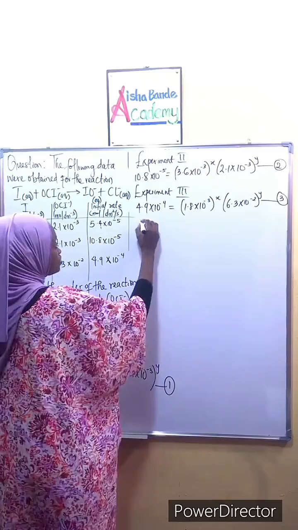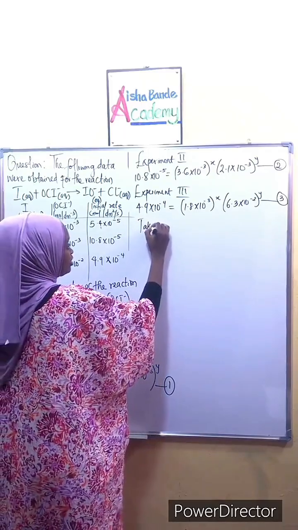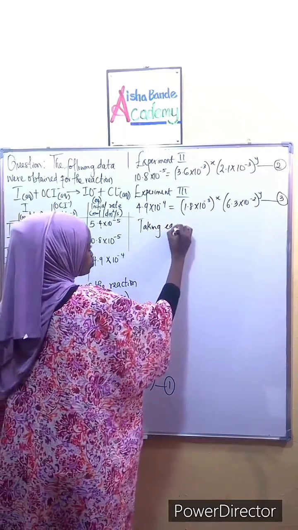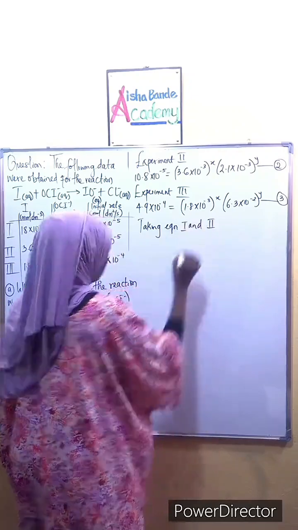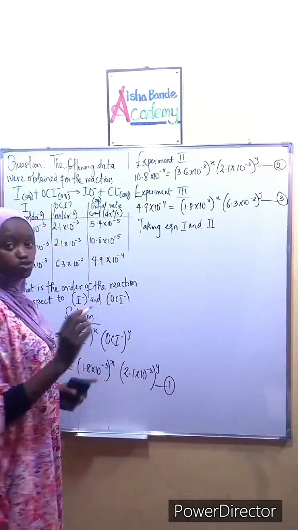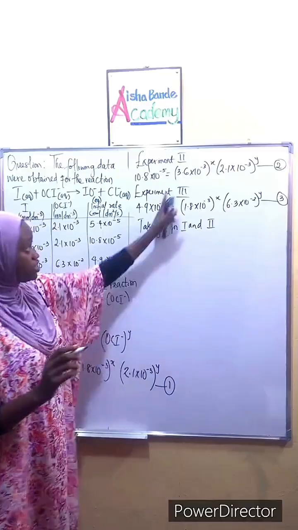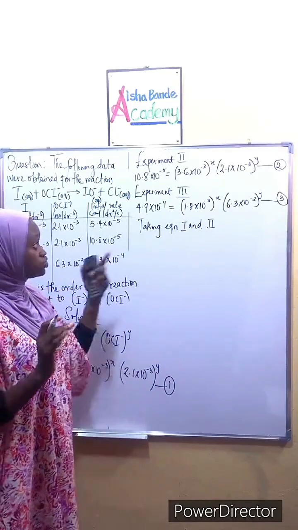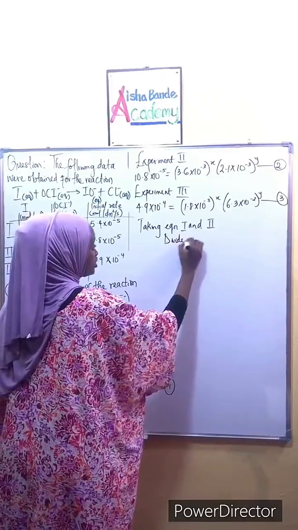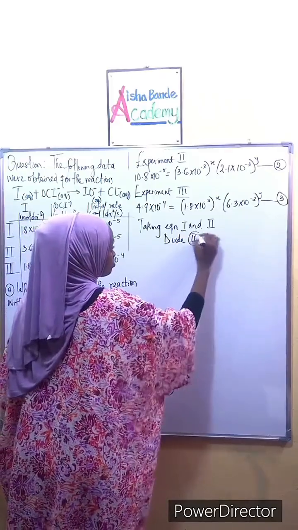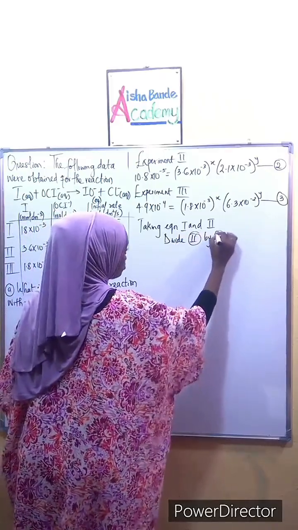So now, taking equation 1 and 2 into consideration, all we need to do is to divide equation 2 by 1. So we divide equation 2 by 1, okay?